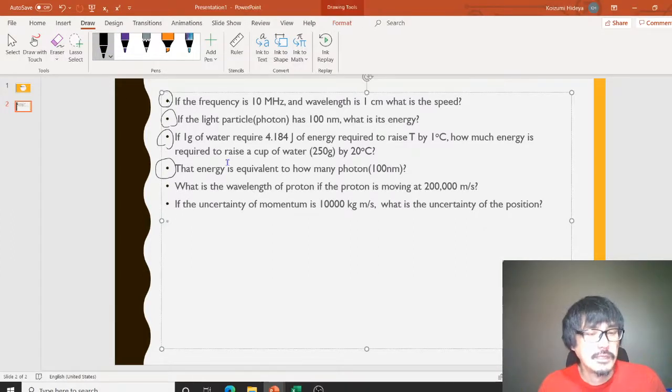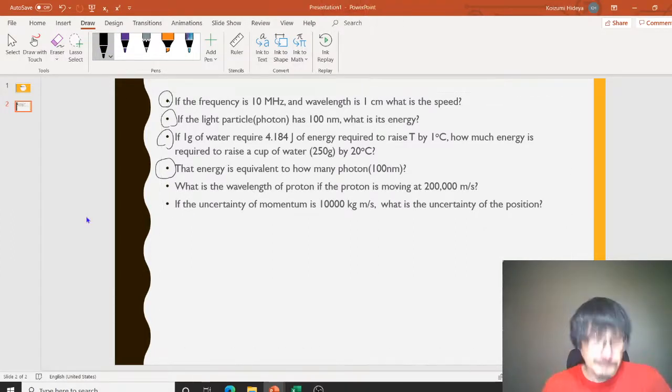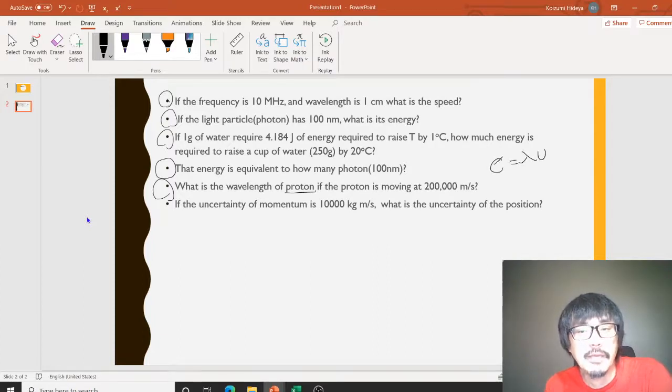Okay, let's do the next problem. What is the wavelength of the proton? Now, this time around it's not light, so I cannot use this formula anymore. That thing is gone. Proton is what's in the nucleus, right? So we know the mass, and we know the speed for these things.